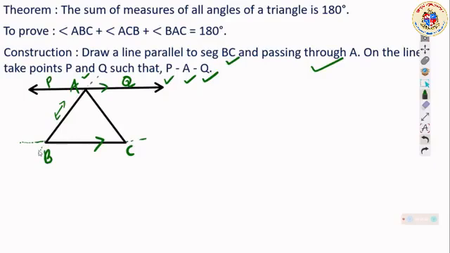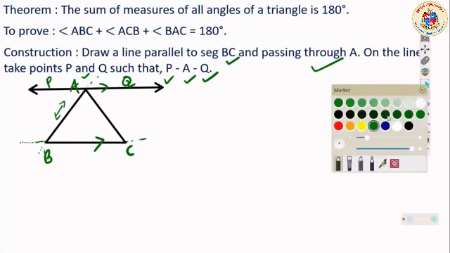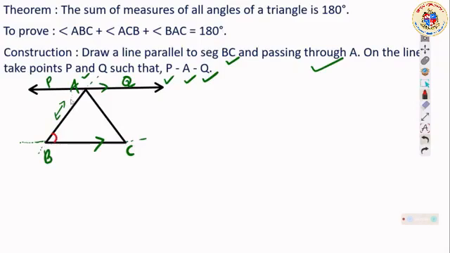If it is a transversal, angle ABC, which angle is it? This angle. And angle PAB. Angle ABC and angle PAB, both these are equal. Why?